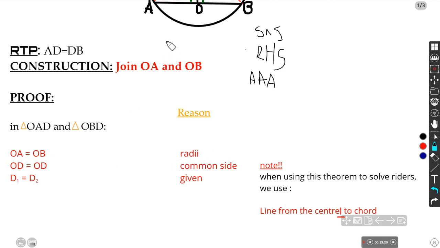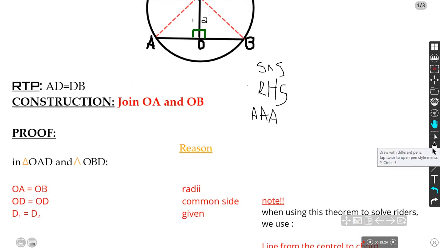Now, since it is a 90-degree triangle, the radius is opposite the right angle, which makes it a hypotenuse side. Yeah? And OD is equal to OD because it is a common side.